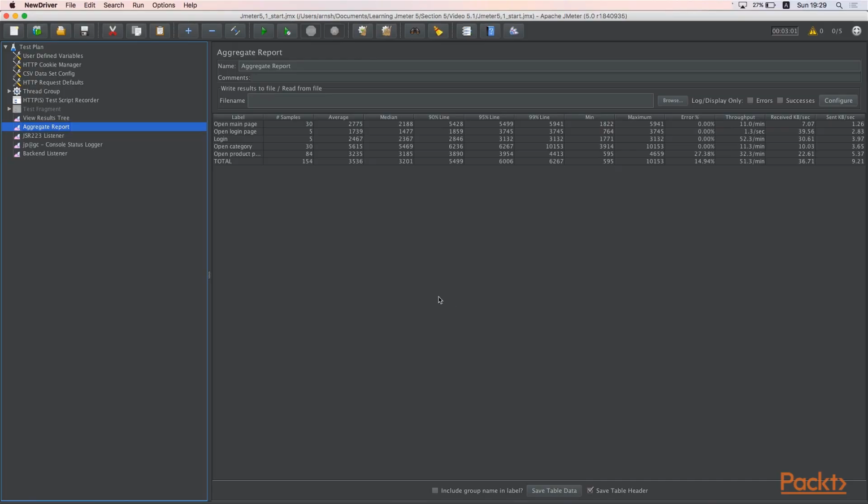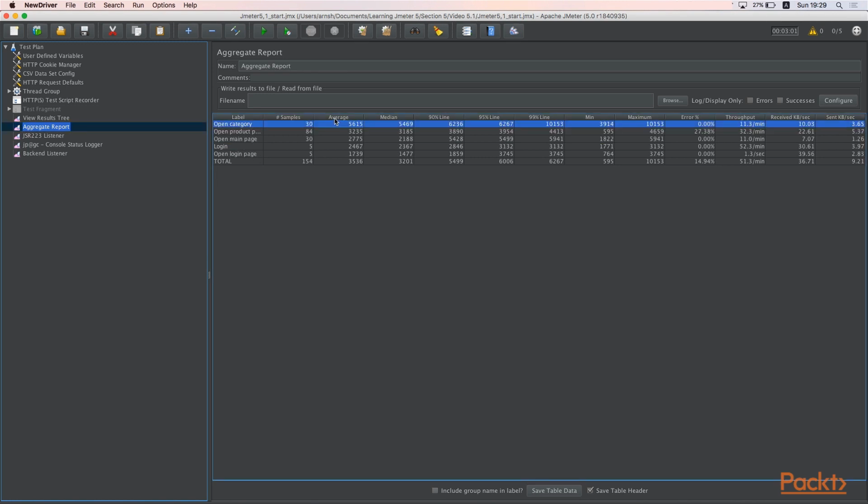Let's have a quick look at how we can get these metrics and where to find them in, for example, JMeter. A lot of application side metrics you can see in the aggregate report. So here the first field is average, then median, percentiles, minimum, maximum, error rate, throughput, and network statistics.